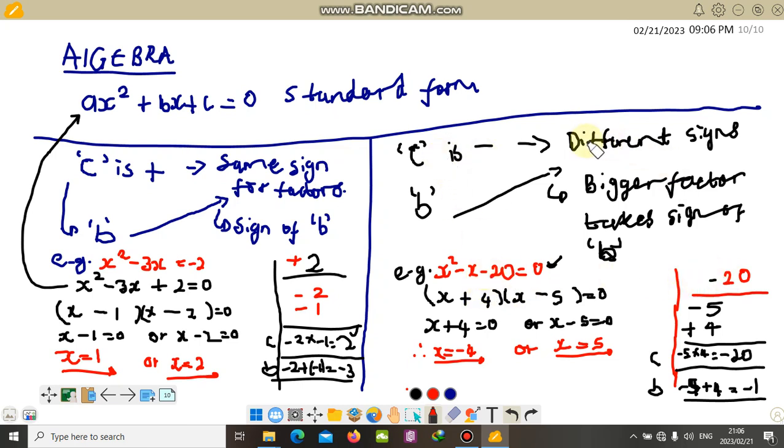It means the two factors will have different signs. And then they say the bigger number takes the sign of B. B is negative, so 5 is negative. Therefore, the remaining factor is positive. And from there you solve for x. Try it with the same examples and try to get it right. And then after this, you can try other questions.